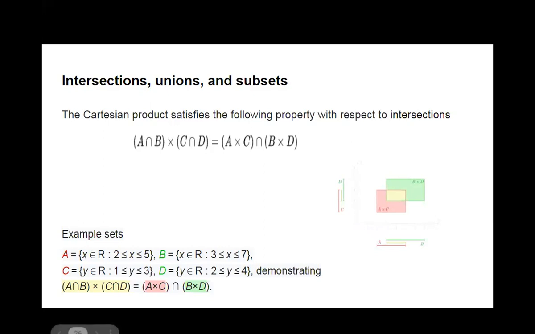What I can see is, the set A is the red line given at the x coordinate. A's elements are 2, 3, 4, 5.